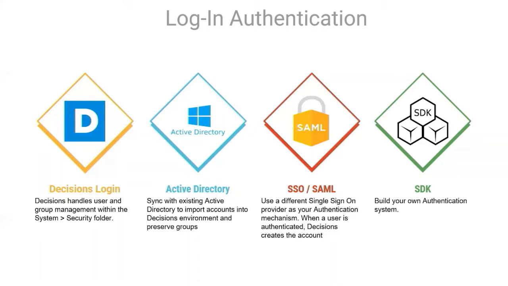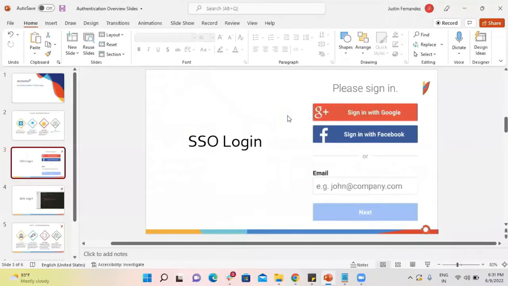So I'll quickly jump into my Decisions instance and walk you through how we can set up these different out-of-the-box modules and how we can use them for enabling the feature of SSO in Decisions. Let me jump to my Decisions instance.